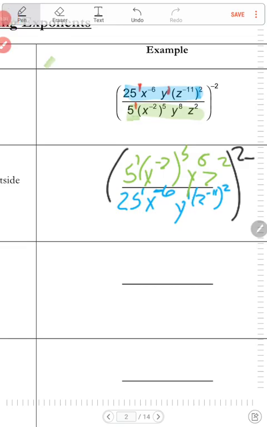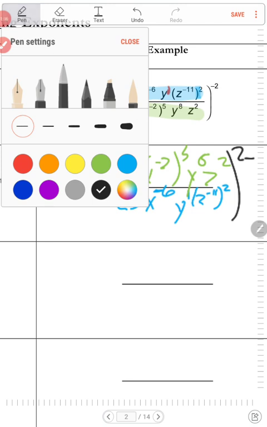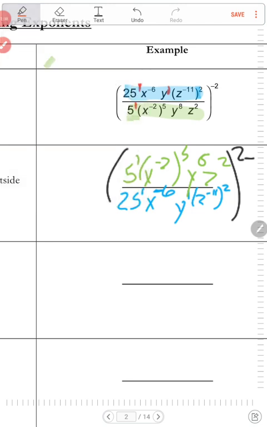All right, so that was step number 2. Now we're going to get rid of any of the inside parentheses, and in this case, right here, we've got this one and this one.